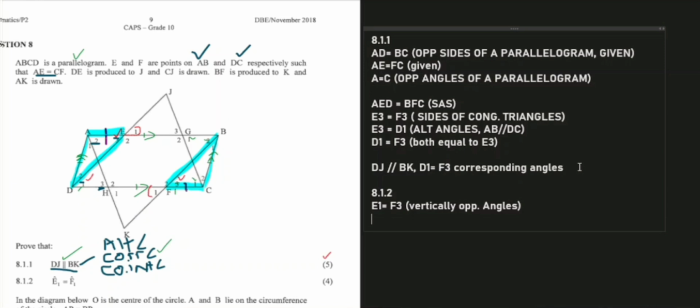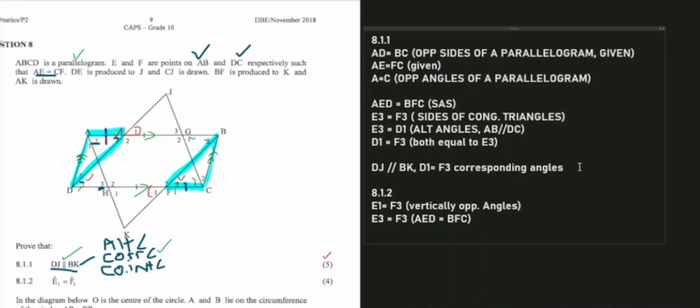And then angle E3 is equal to angle F3, which is because they are congruent angles. So it's because AED, it's sides of congruent triangles. AED is congruent to BFC.